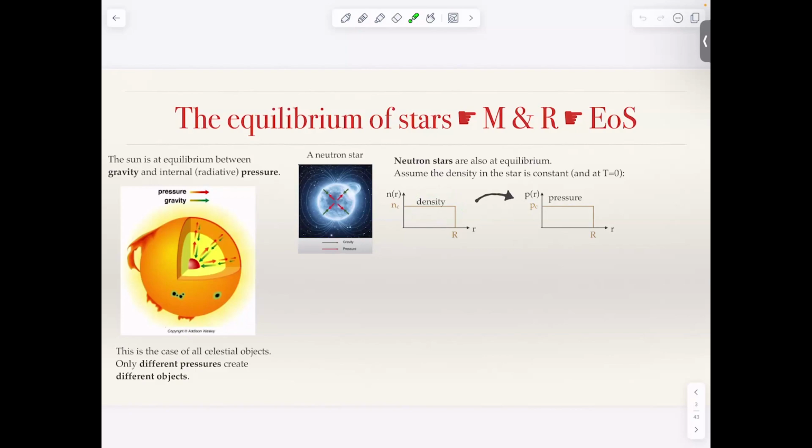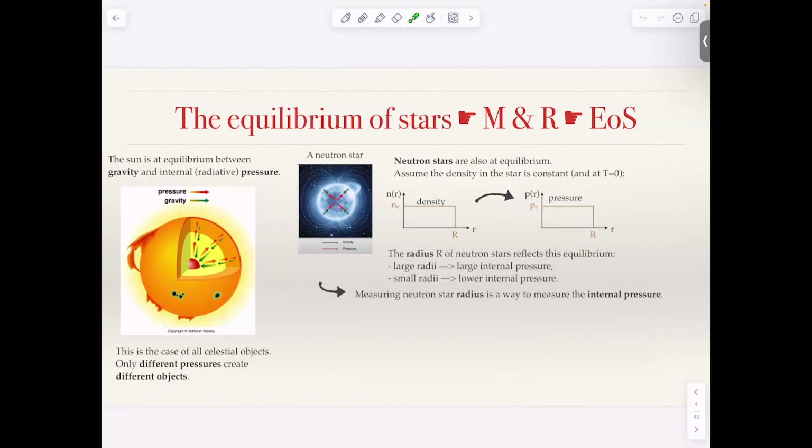Then if you have a single density in the star, you also have a constant pressure, because the pressure is a function of the density for a Fermi gas, as we have seen during the first lecture. So the pressure is constant until it reaches the radius, and since density falls down, the pressure falls down.